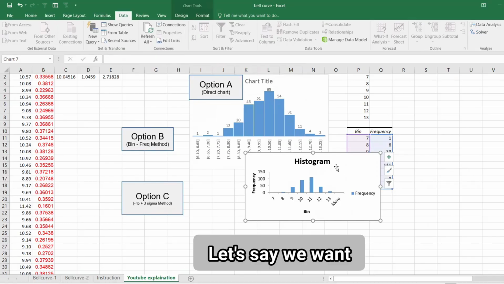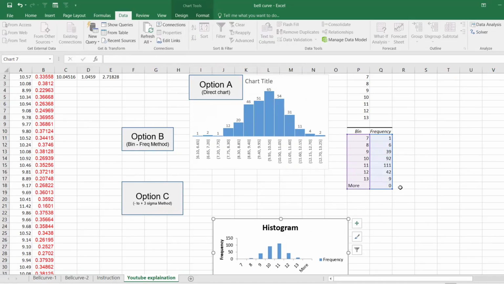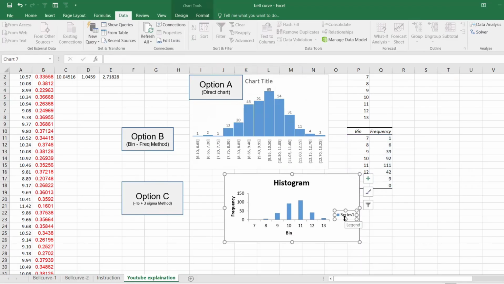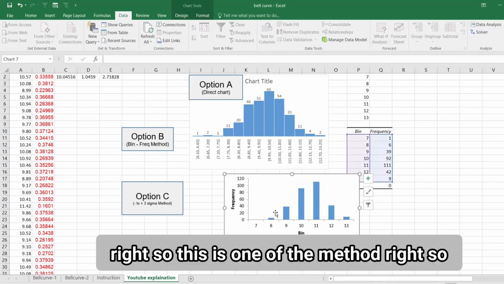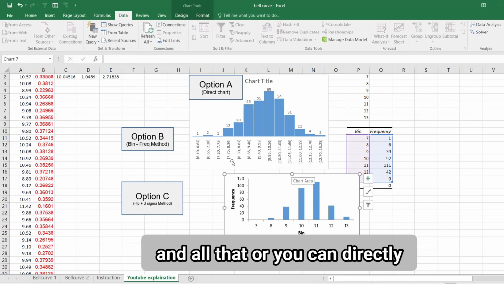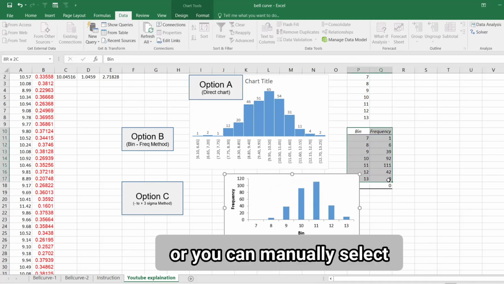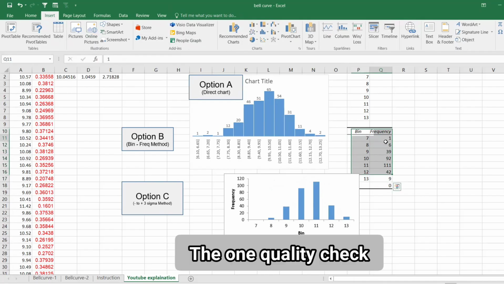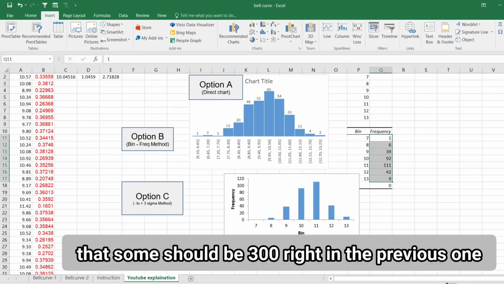Let's say it has given that bell curve like this, right? So this is one of the methods, where you can directly get this, or you can manually select and get this as well. One quality check you can do is that the sum should be 300, right?